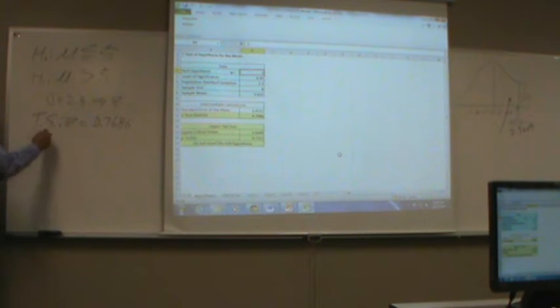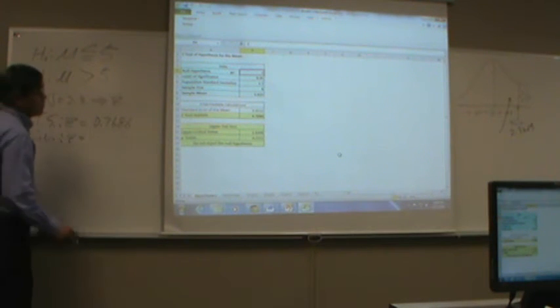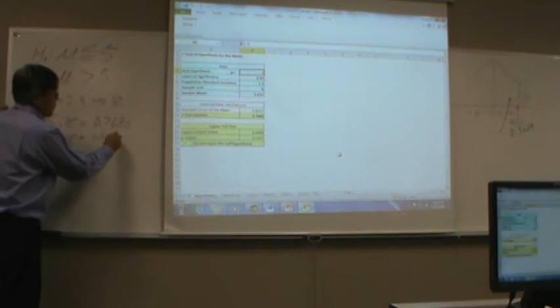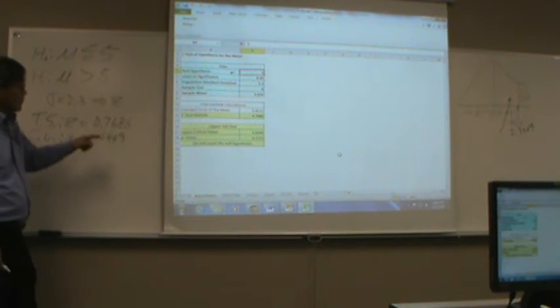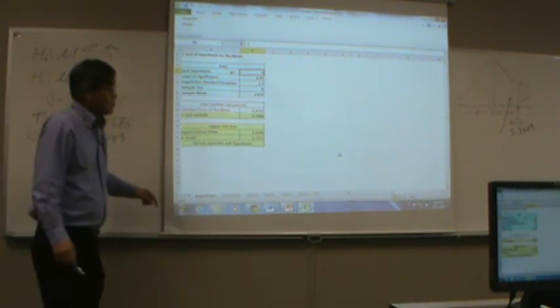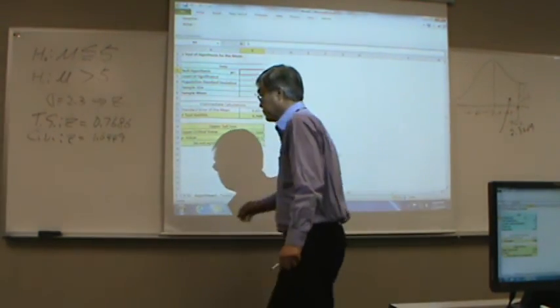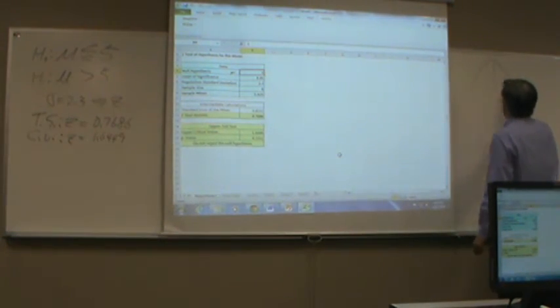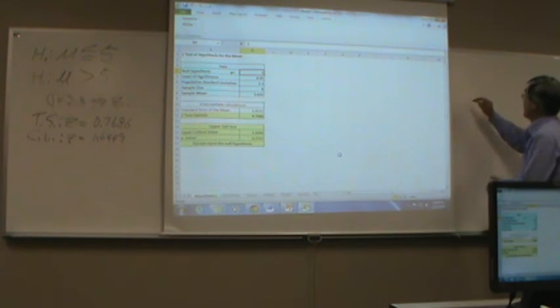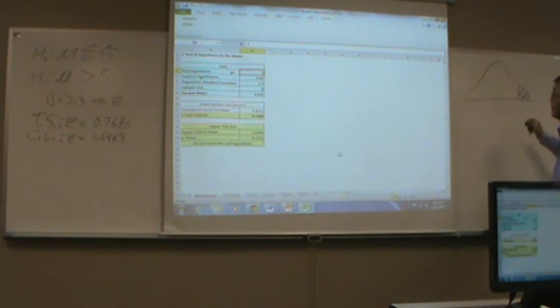And then critical value Z equals 1.6449, because it's right tail, upper tail, critical value should be positive, satisfied, right? Right tail critical value is 1.6449.